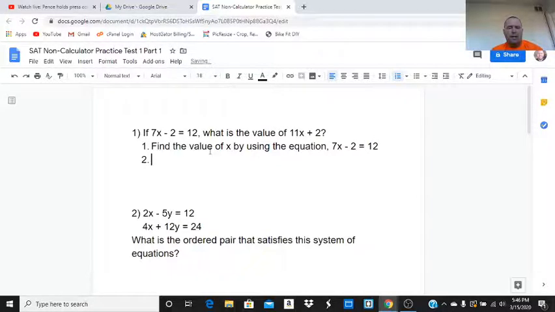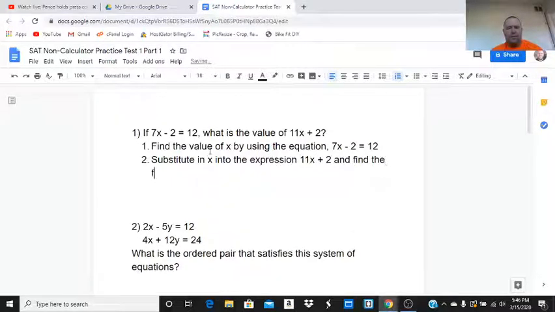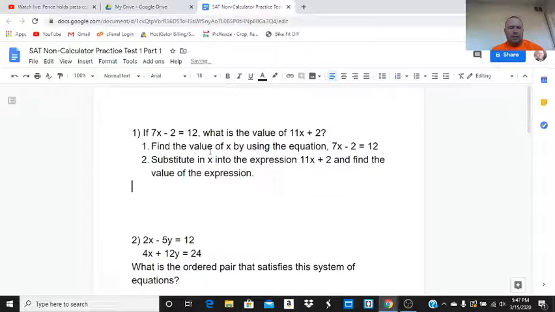And then step 2 is we are going to substitute in x into the expression 11x plus 2 and find the value of the expression. Okay? All right, so let's start.